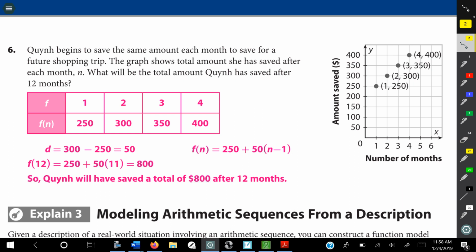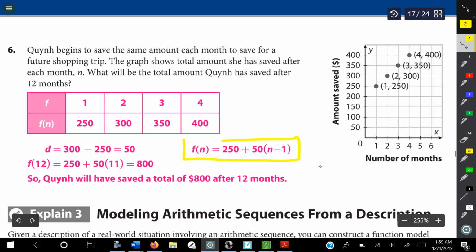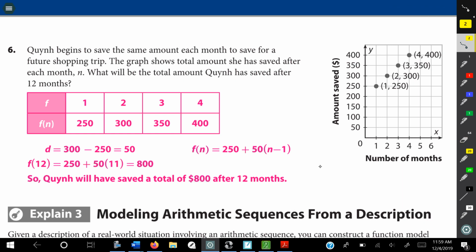So this person here, I want to say Quinn, will save a total of $800 after 12 months. So you set up your common difference here, which is 50, and you write out your explicit rule here, starting with your first term, which is 250. And then you plug in 12 months, and then 12 minus 1 is going to get you 11, and then you end up with 800.